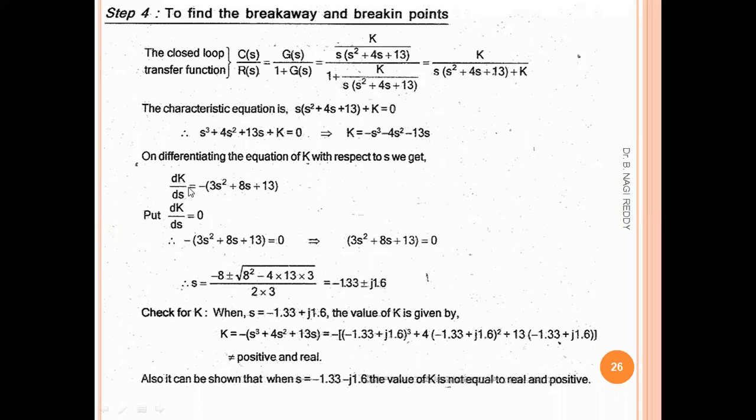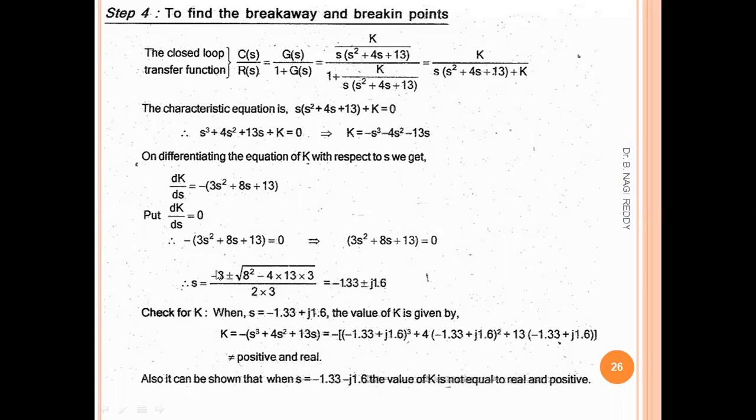Now what should we do? We need to calculate the roots for this k. In order to do that, we have to equate this dk by ds equation to 0, so that we can calculate the values of the roots of s, and then substitute and calculate the value of k.